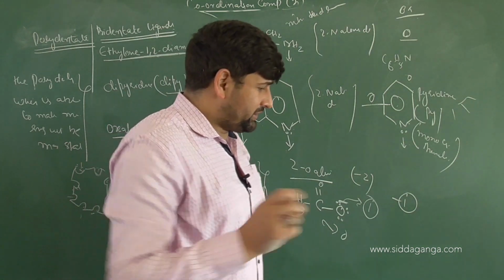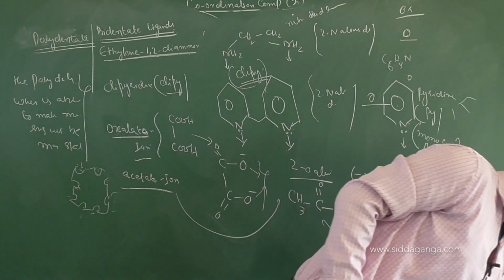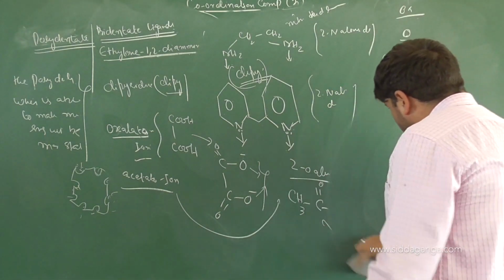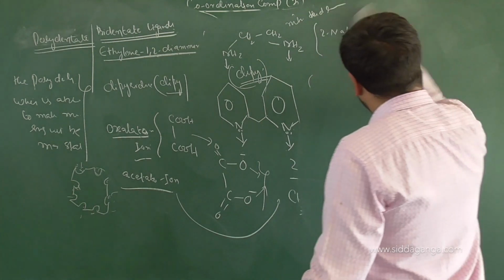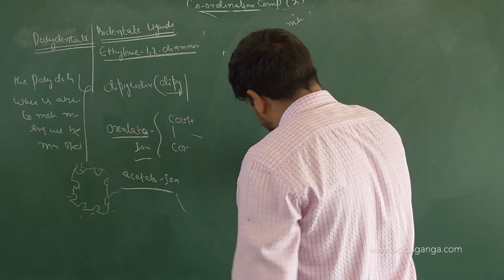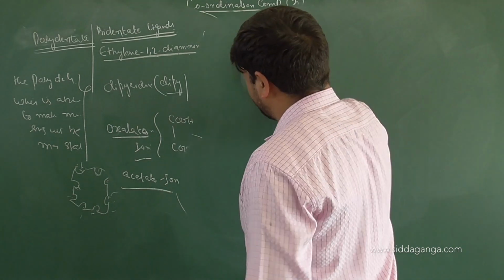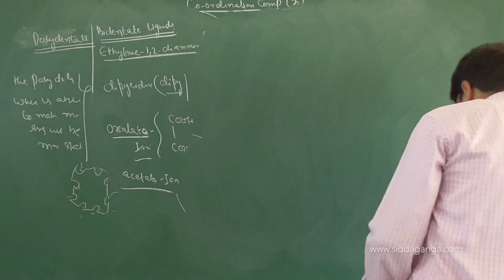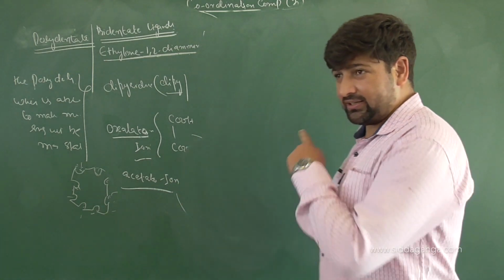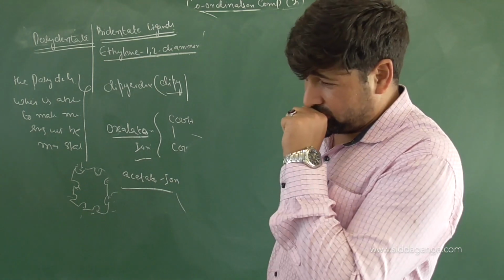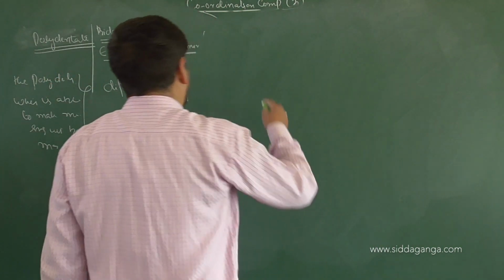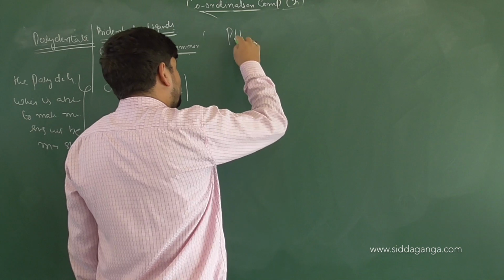Clear? There is one more monodentate ligand, children, and we have its derivative also. We are discussing bidentates as well as monodentates. Got it? Acetate ion is monodentate. DIP is bidentate. Pyridine is monodentate. Then you have one compound called PH3.